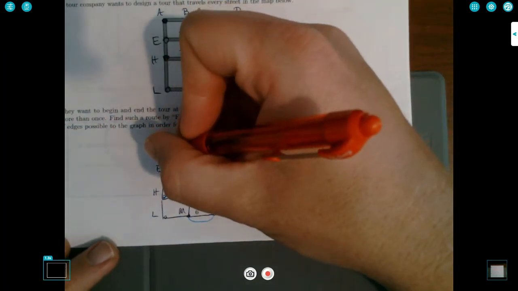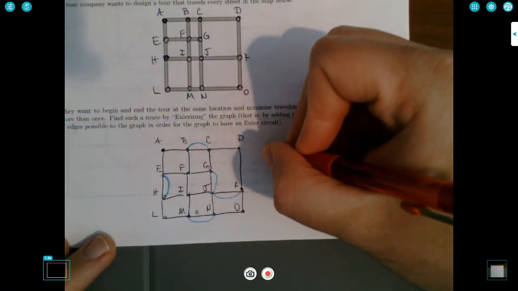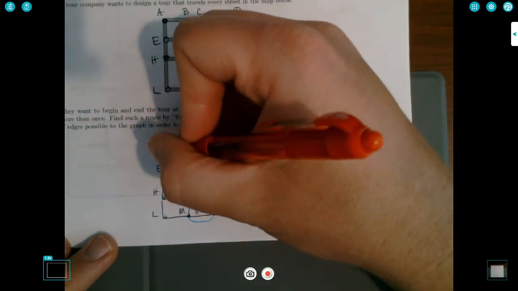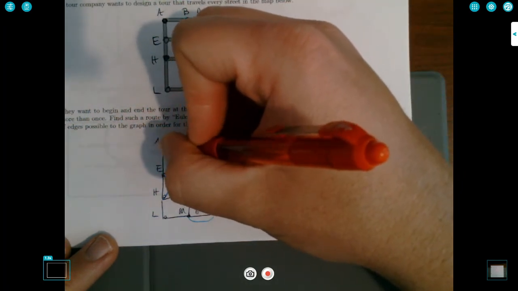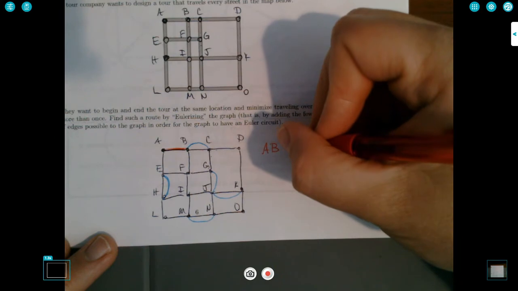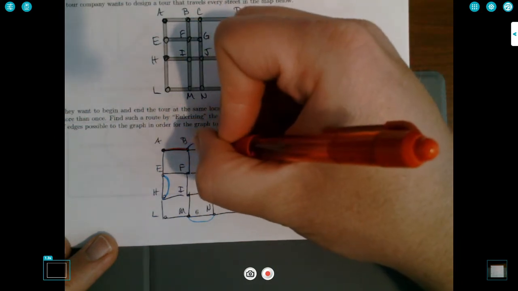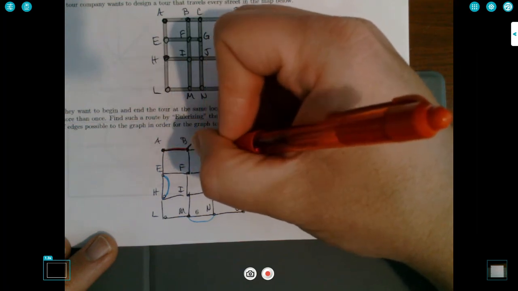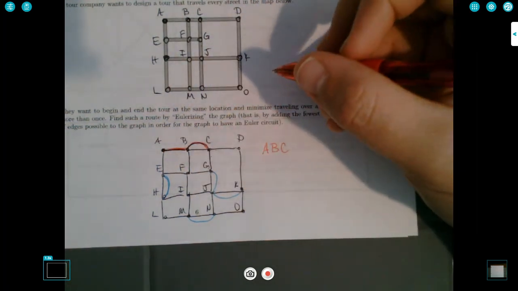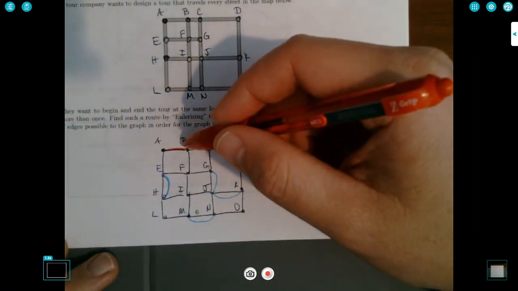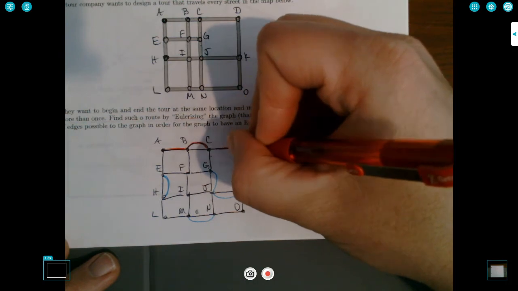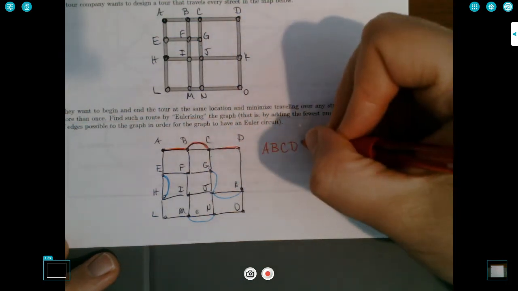So if I decide to start at A, I can go from A to B. And then I can go from B to C. Maybe along that. I mean, really, I'm just going to go along the street. Then I can go from C to D. From D to K.